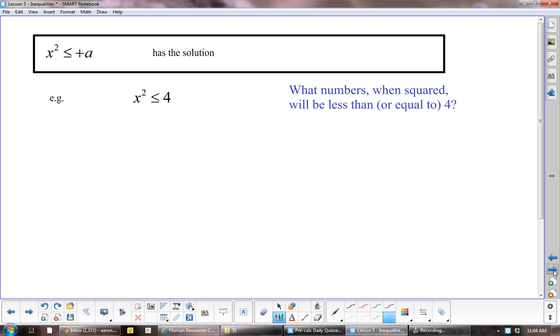union 2, comma, infinity. Okay, how about x squared is less than or equal to positive a? Now, maybe this one would make more sense if we went to the equation. x squared is less than or equal to 4. Okay, again, we could take the square root, so x would be less than or equal to 2.